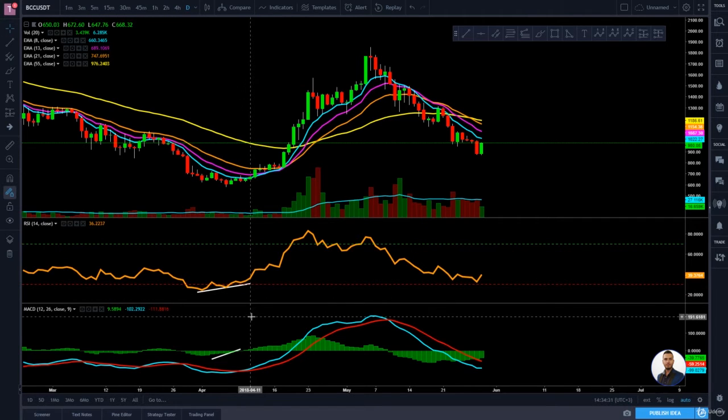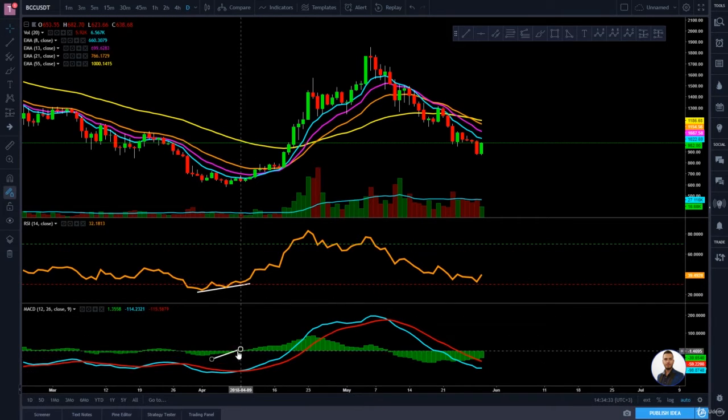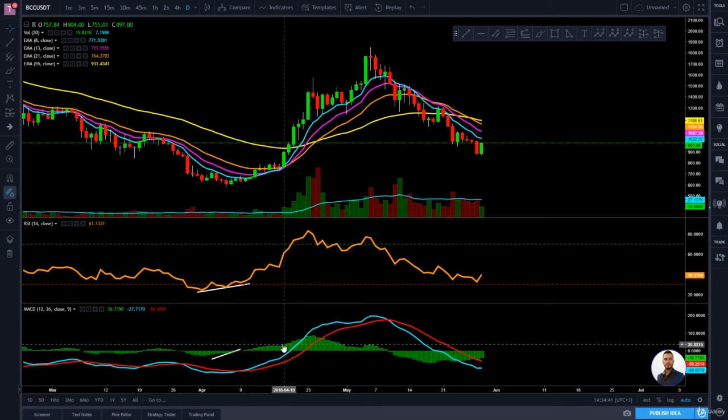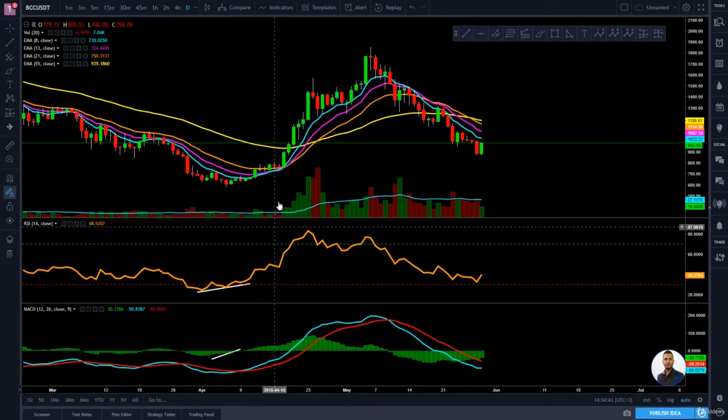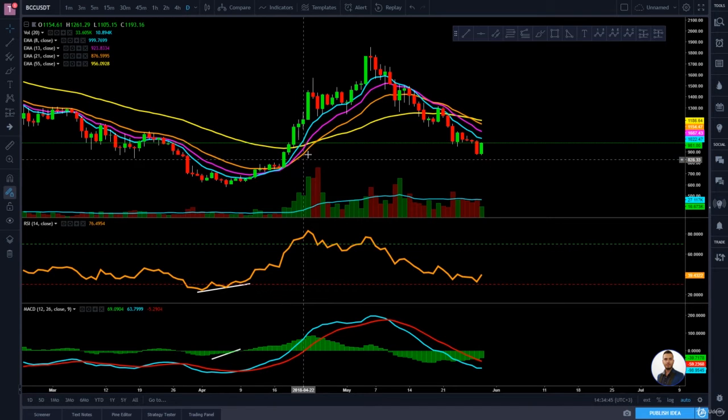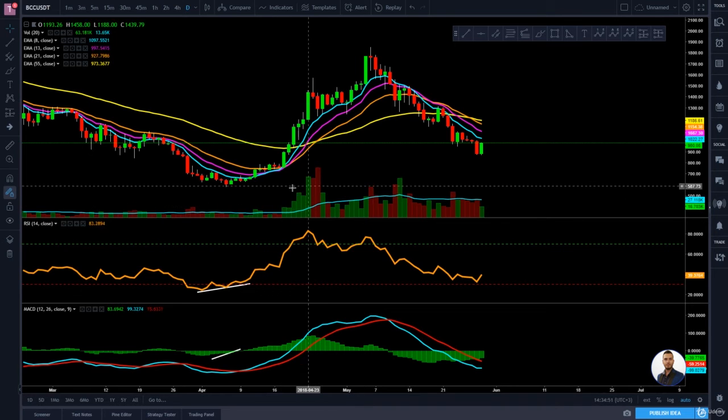And on the MACD indicator, we see here a crossover of the signal line to the upside, and on the histogram we see that it went from the negative side to the positive side as well. On the price chart we see here a crossover to the upside of the 55 moving average, and on the volume indicator we can see that we have a huge amount of volume to sustain this uptrend further.